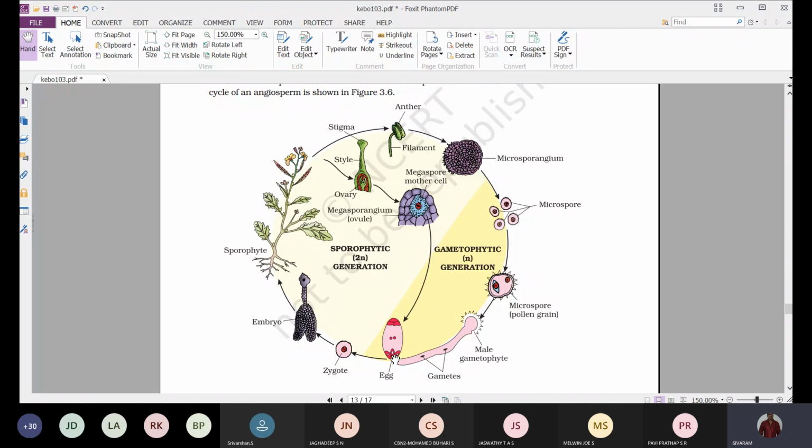All these 3 cells together are the egg apparatus. Opposite to this, we'll find another group of 3 cells called antipodals. And between the egg apparatus and antipodals, at the center, we'll find 2 nuclei called polar nuclei.